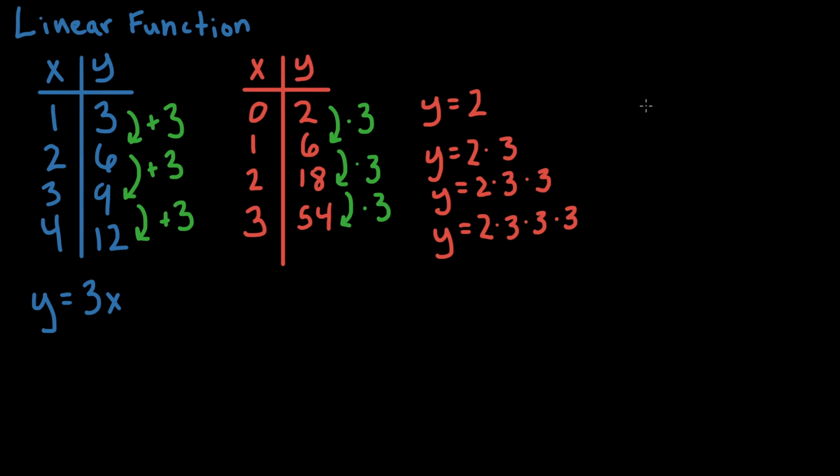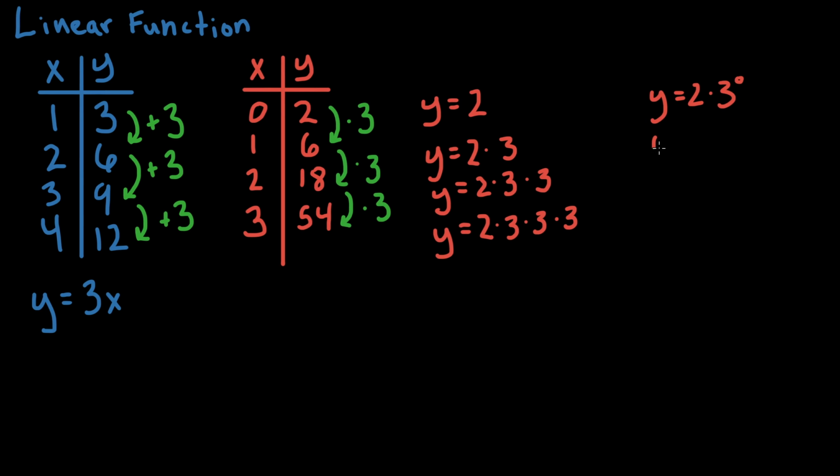And so on this next column over here, I'm going to rewrite this as y is equal to 2. And then how many 3's do I have here? Well, I have 0 3's. So I'm going to rewrite it like that. And these have the same value because 3 to the 0th power is just 1. And so 2 times 1 is 2, and we have 2 over here.